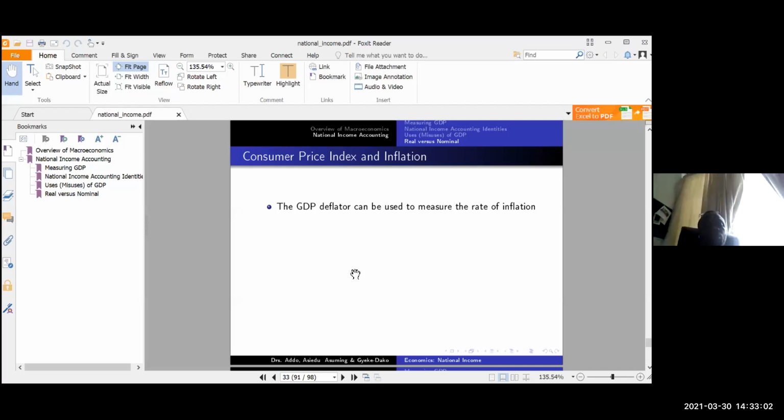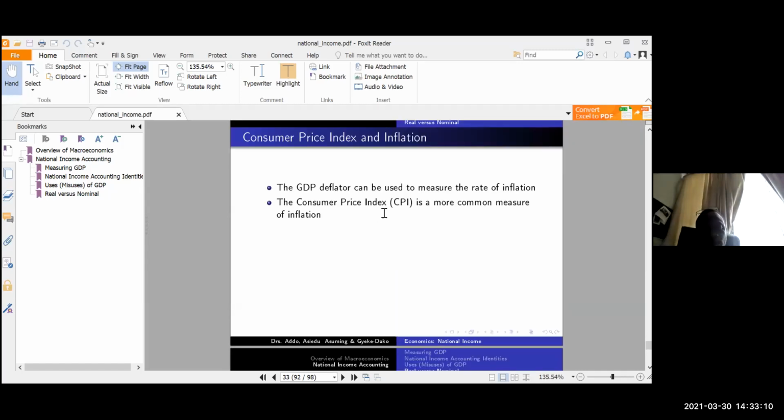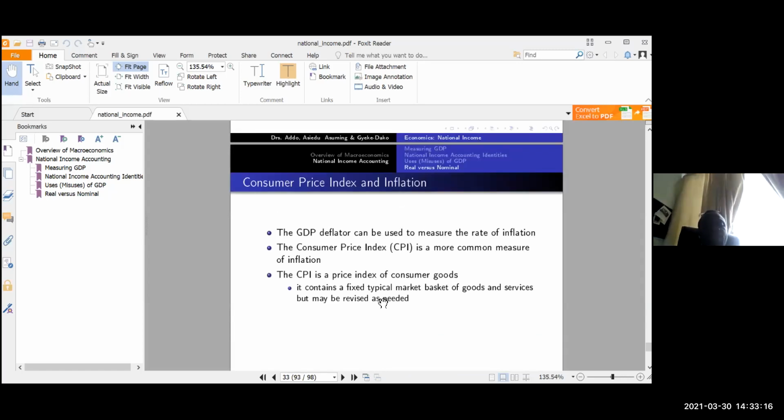So the GDP deflator can be used for calculating inflation, but the consumer price index is a more common measure of inflation. The CPI is a price index of consumer goods.